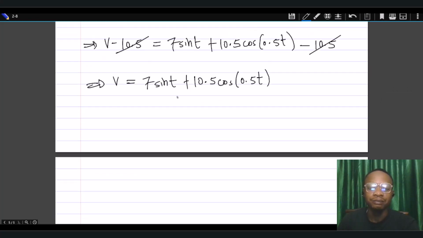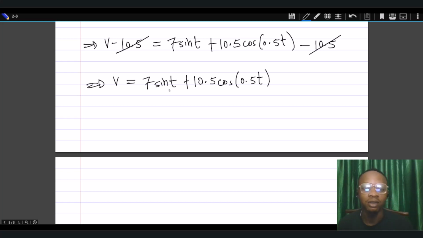So we can now go ahead and see when this will be equal to zero. We know we need to find the total distance traveled. If we're going to get the total distance traveled, we need to find out if there is a turning point in the interval of interest.